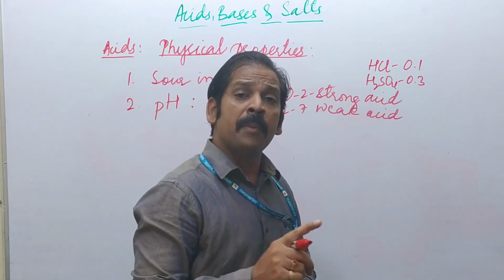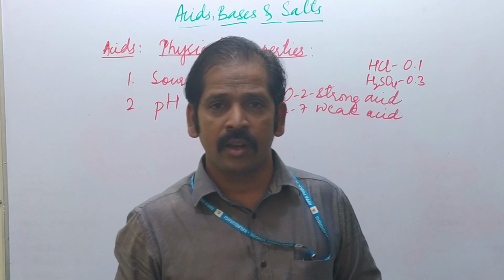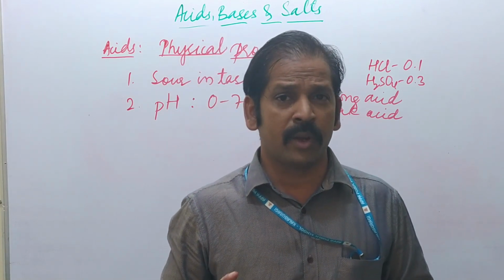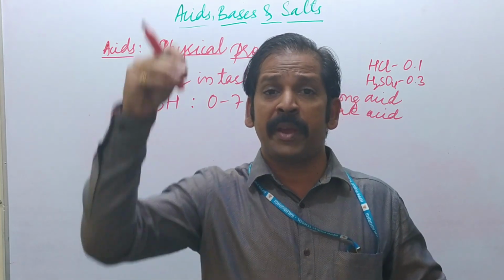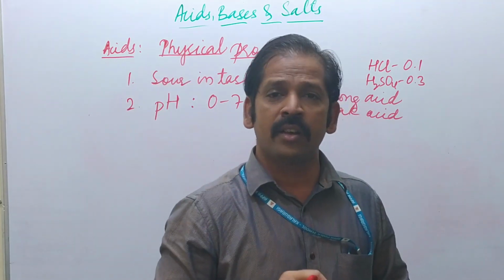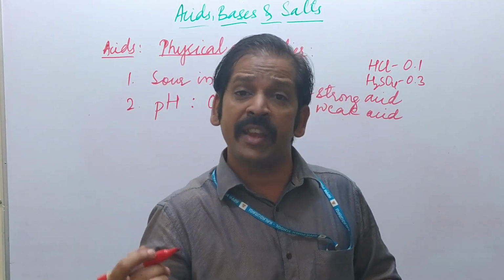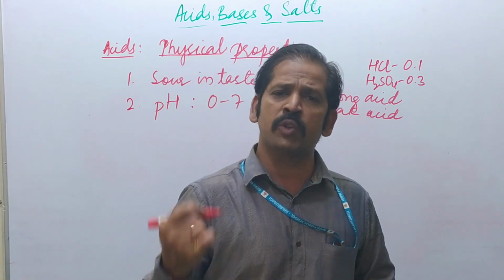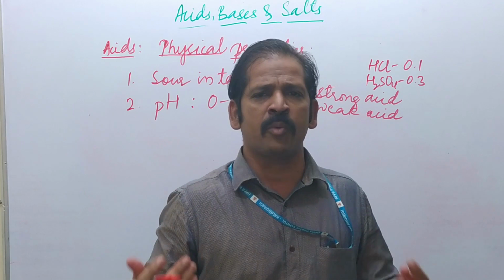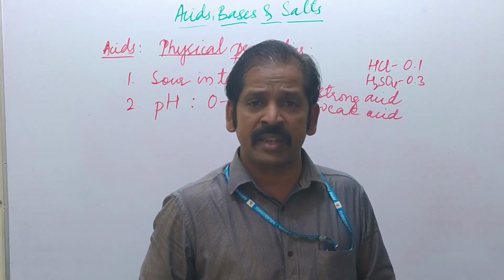Even there is an acid present in our body. I think all of you know about it, because the base of our body itself is acidic. It is called DNA and RNA, deoxyribonucleic acid and ribonucleic acid.